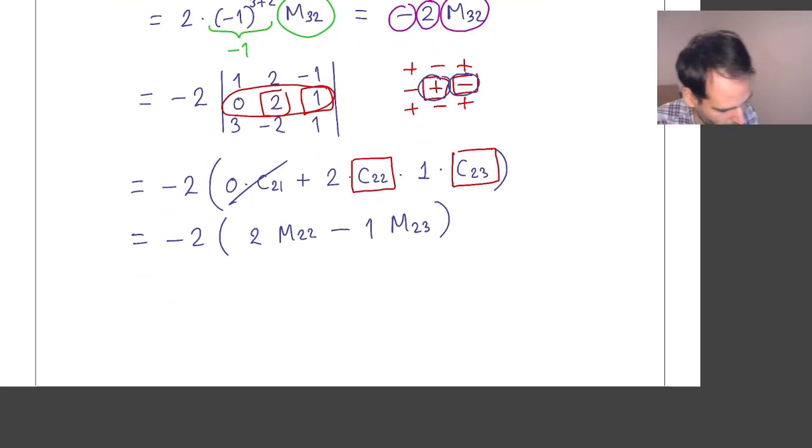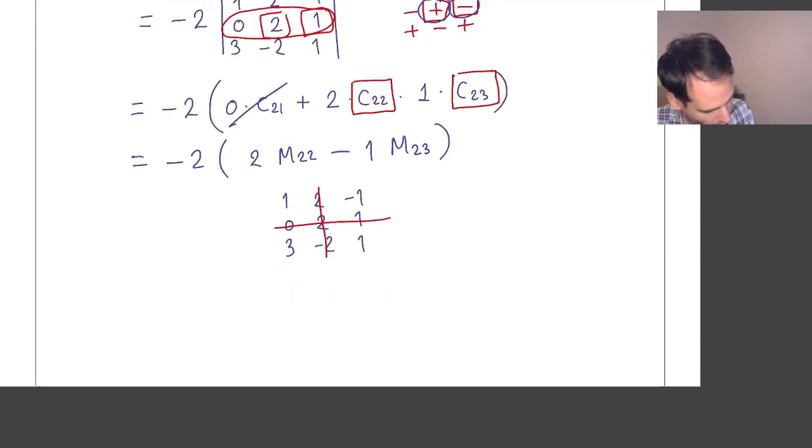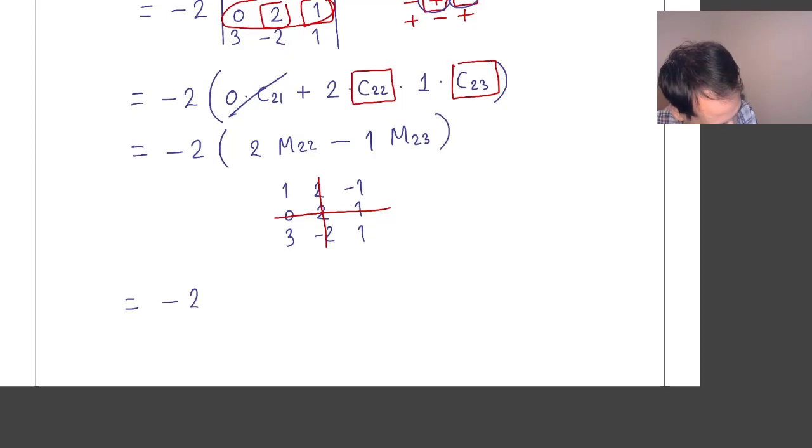Now we are left with having to calculate these minors, M22 and M23. M22 is the determinant of the matrix that results when you cross out, so let me copy the matrix here, the second row and second column. You end up with a smaller matrix. So this will be minus 2 times the determinant of the matrix that results, which is 1, minus 1, 3, 1.